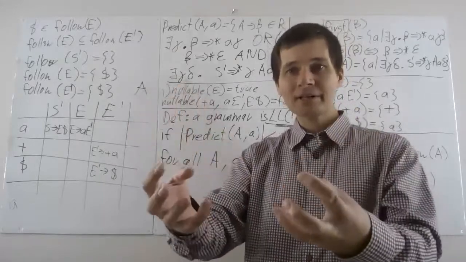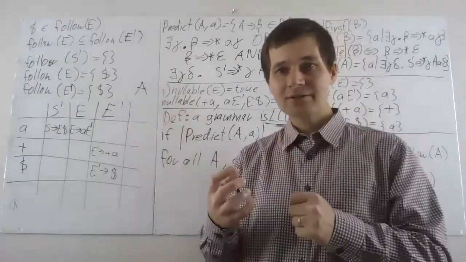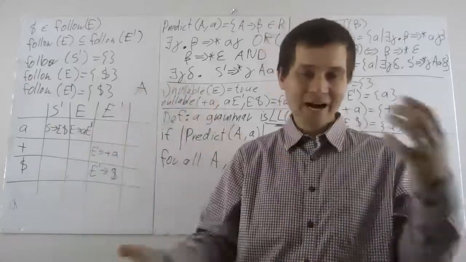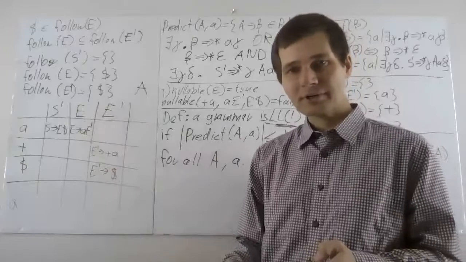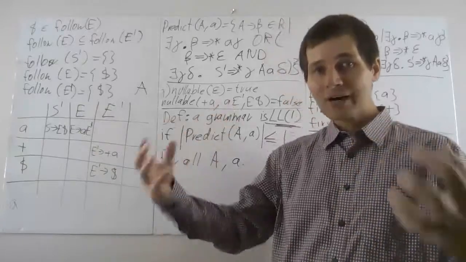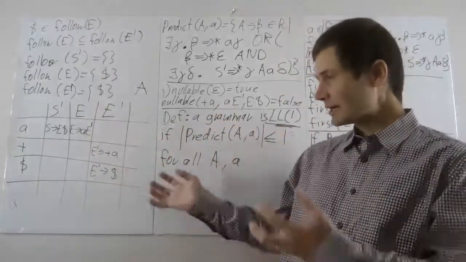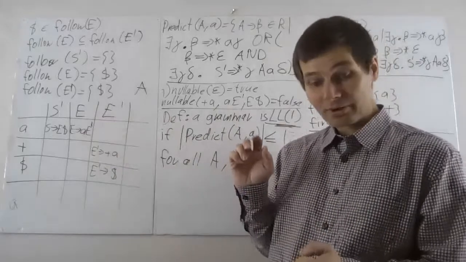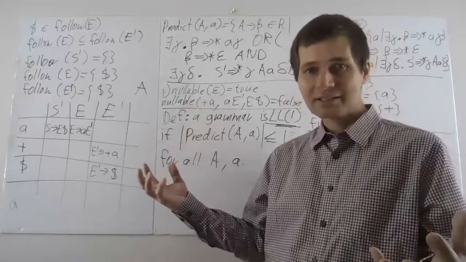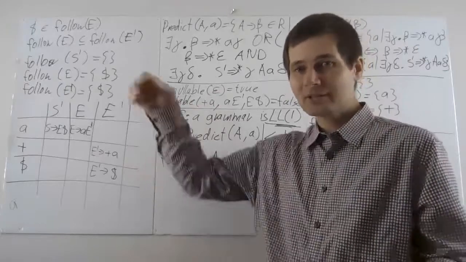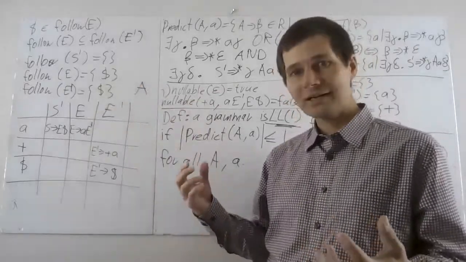But the point is the algorithm doesn't need to do any backtracking or make any decisions, because at each point this is predetermined. And grammars that are not LL1, where sometimes there is more than one possible choice that makes sense, can't be parsed by this algorithm because it would have to backtrack.